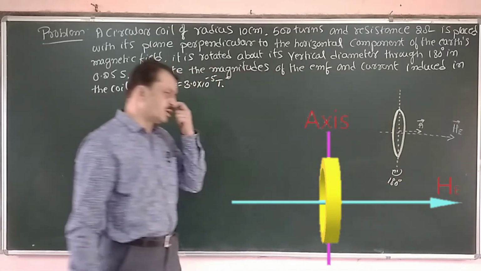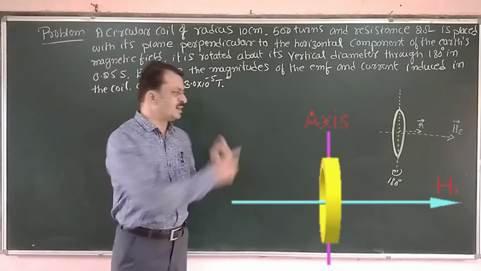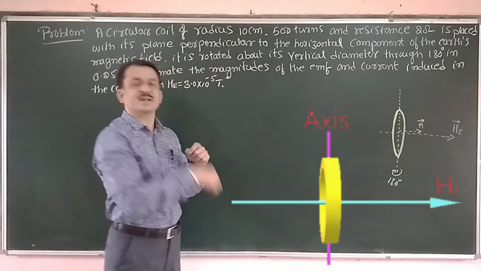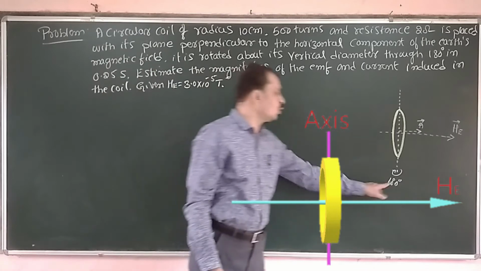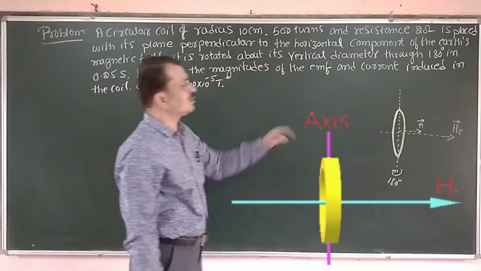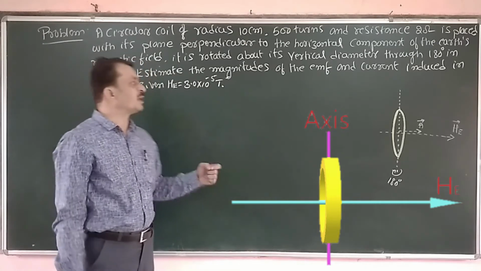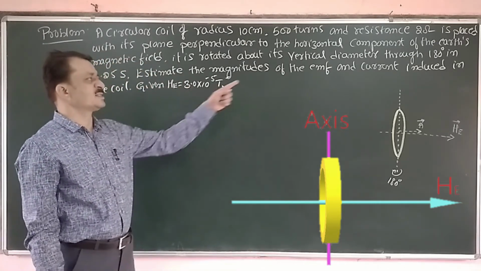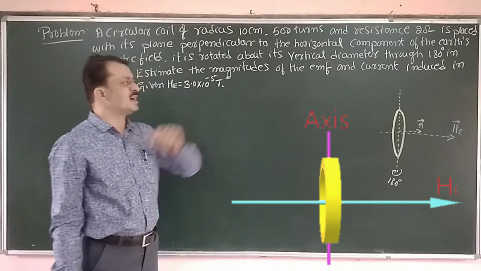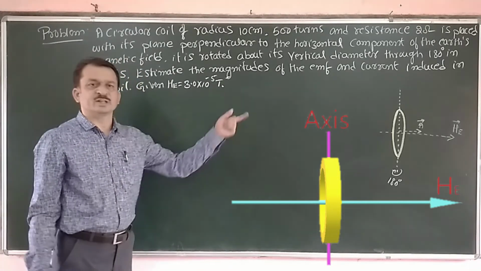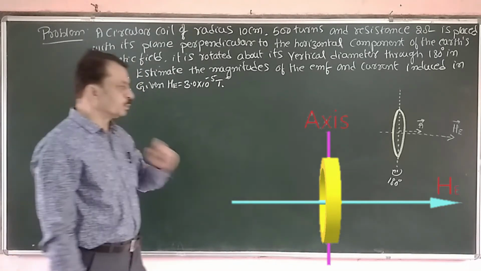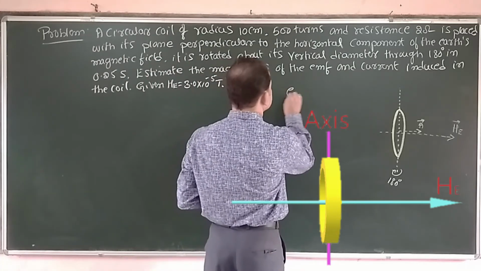So if you take the initial position as 0 degree, then it is rotated about its vertical diameter through 180 degree. Then what is the new flux? What is the initial flux and what is the final flux? From that we have to work out the EMF induced and the current induced in that circular loop.